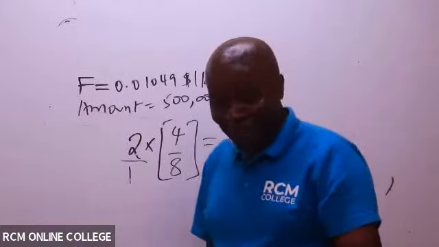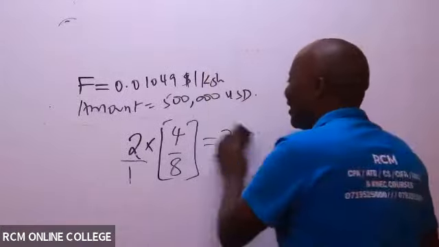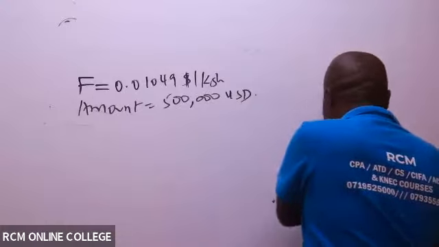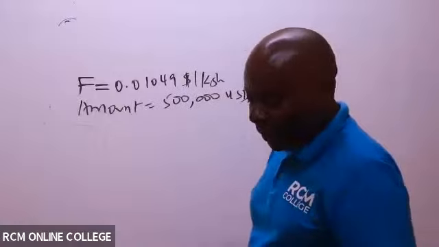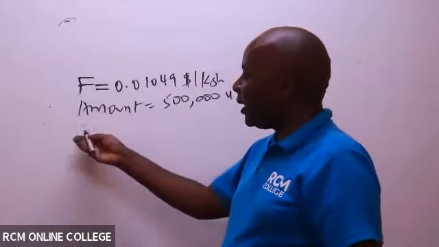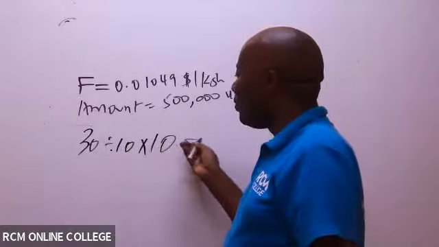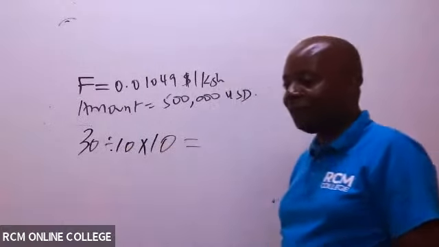Maths will be optional. Actually, what they should be doing, like BODMAS, is quite a crazy thing. Even in this class, ladies and gentlemen, if, for example, I give you something like this, 30 divided by 10 times 10, don't use your calculator. Give me the answer without using a calculator.